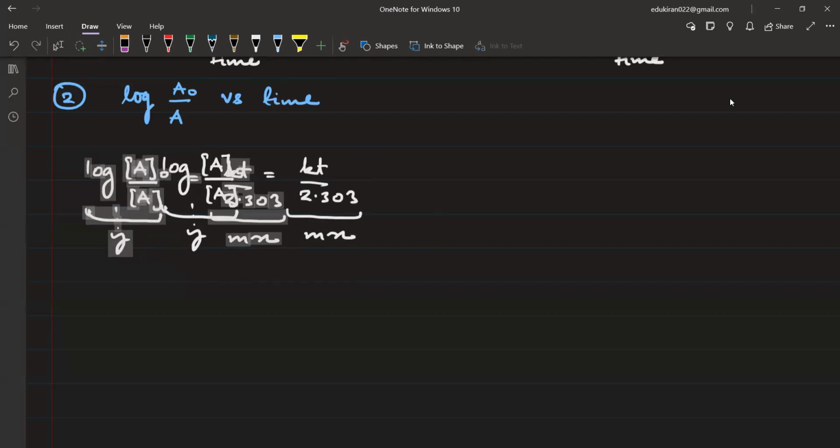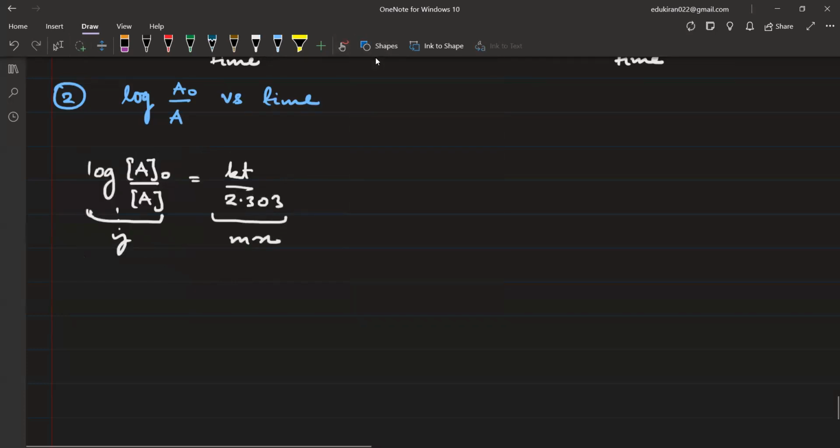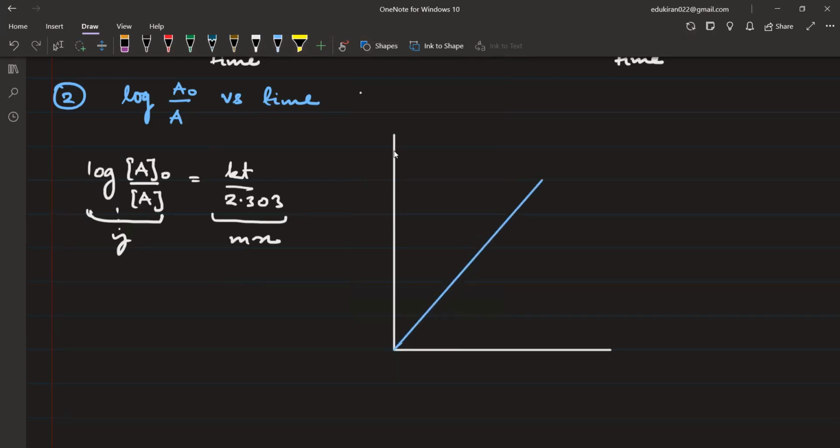We'll get only one graph. Write the plot. It will pass through the origin like this, and its slope will be k upon 2.303. Here you have time, and in this axis you have log of A naught divided by A. Okay.